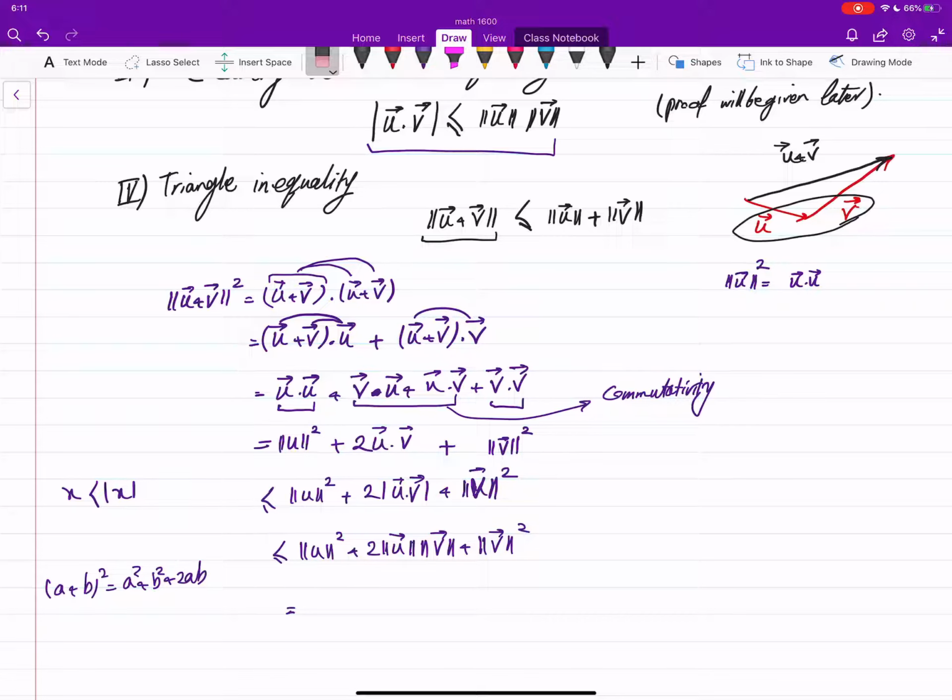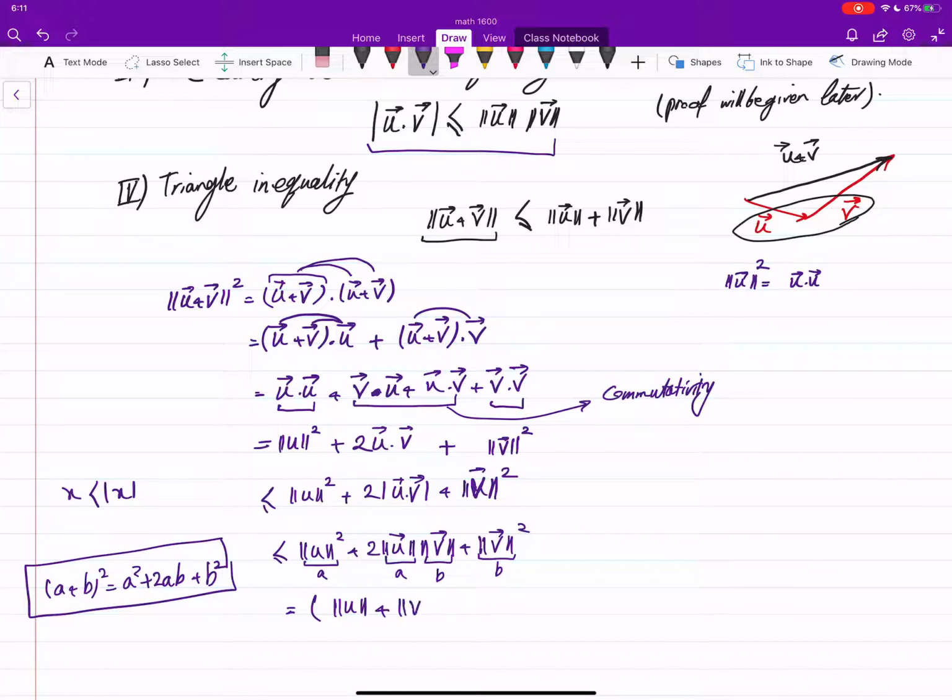People usually write it the other way around, but it's the same thing, and I will write it that way so as not to confuse you. This is a squared plus 2ab plus b squared, which means we have a, the length of u, plus b, the length of v, squared.